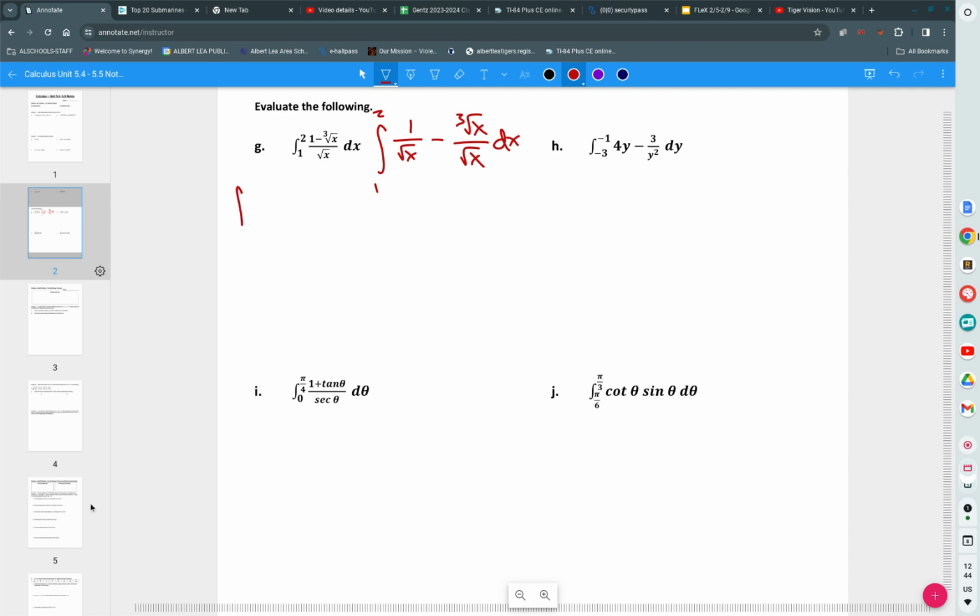So now I have the integral from 1 to 2 of 1 over x to the 1/2 minus x to the 1/3 over x to the 1/2 dx.